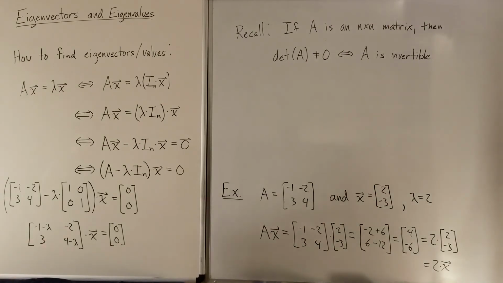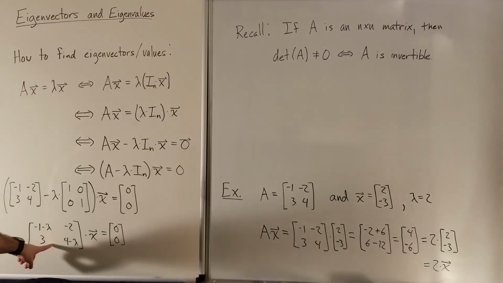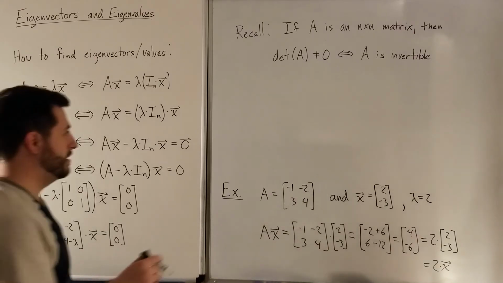All right, so we know that this matrix cannot be invertible. So we want to say that the determinant of this matrix is 0. So let's take the determinant of it.